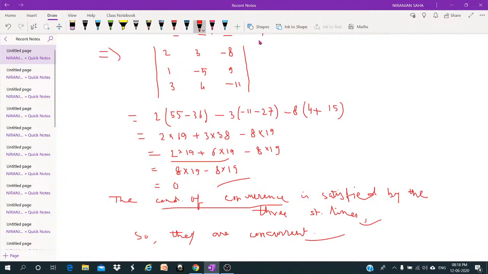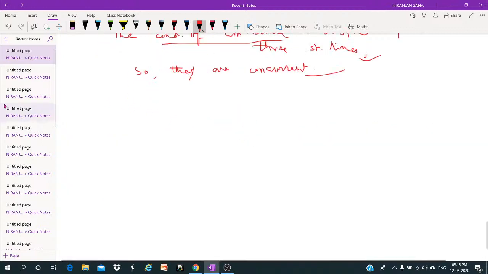So now we will study what is the circumcenter. What is the circumcenter of a triangle?